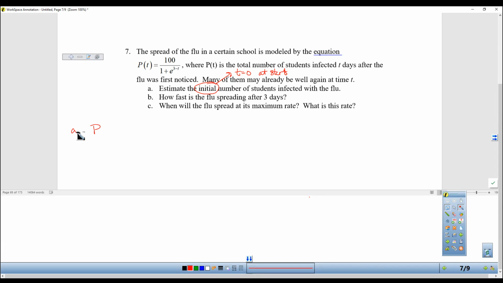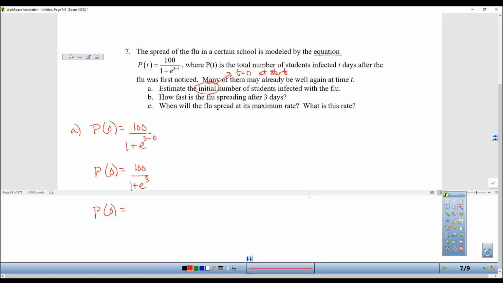So for part A, P of 0 is equal to 100 over 1 plus e to the 3 minus 0, which is going to be P of 0 is equal to 100 over 1 plus e cubed. I cannot do that in my head. So I'm going to get out my calculator and I do 100 divided by 1 plus e.